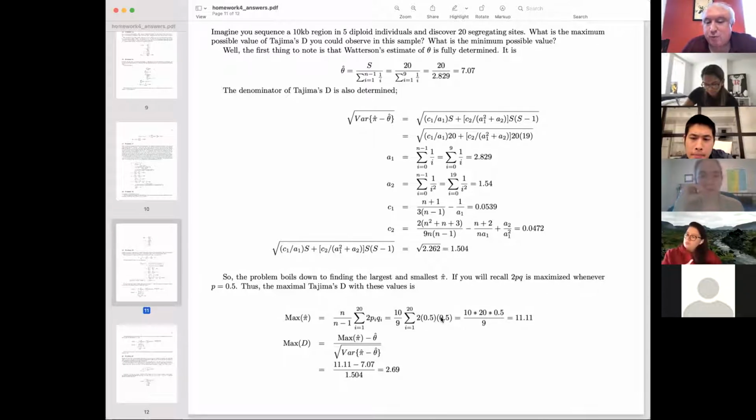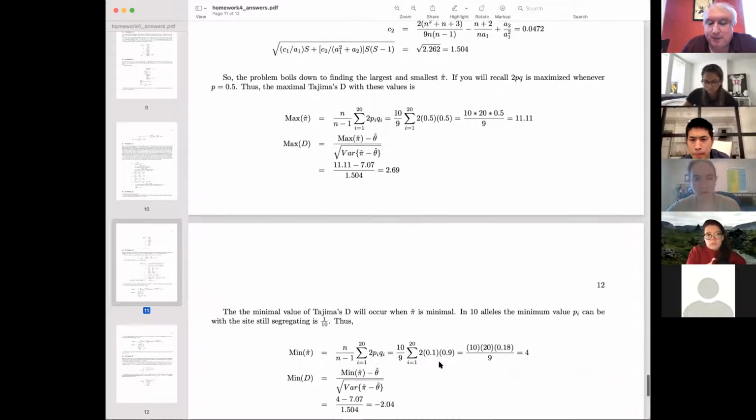I've got the sum of 20 of them. So I have 10 over 9, my unbiasing factor, times the number of sites, 20, times a heterozygosity of 1/2 at all of those sites. That gives me a value of about 11 for pi hat. And therefore, a maximum value of Tajima's D, well, I'll just plug in the 11 and get something, 2.7.